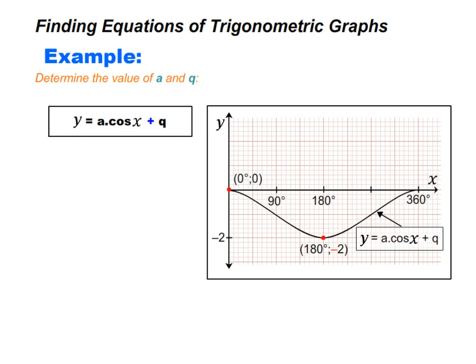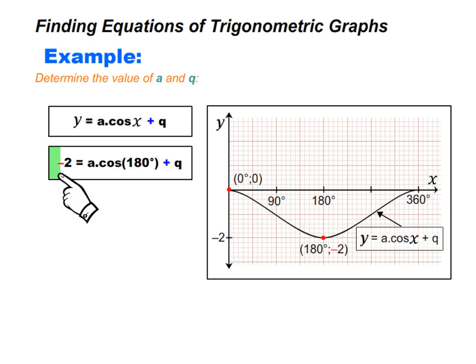So, in our equation, y is equal to a multiplied by cos x plus q, we will put 180 degrees in the place of x, and we will put negative 2 in the place of y. So far we have negative 2 is equal to a multiplied by cos 180 degrees plus q.